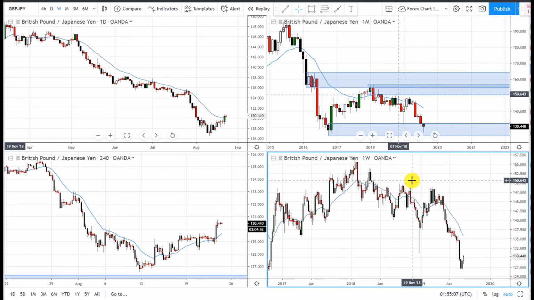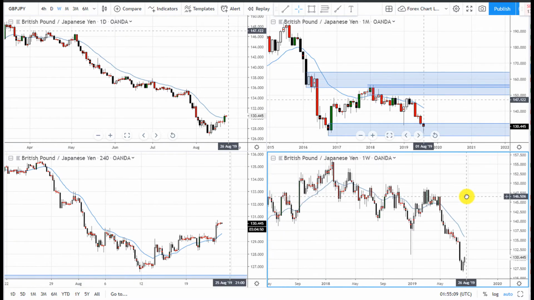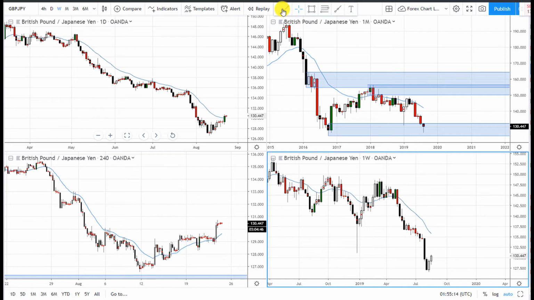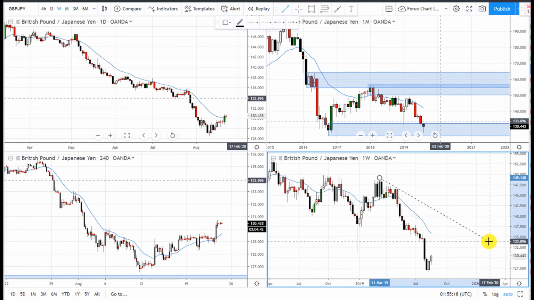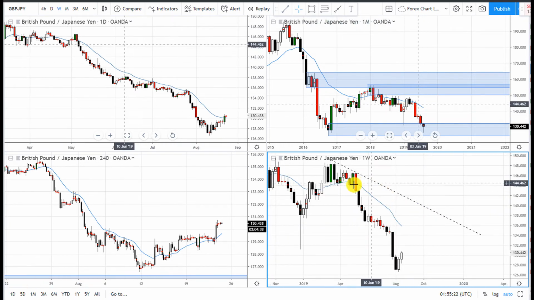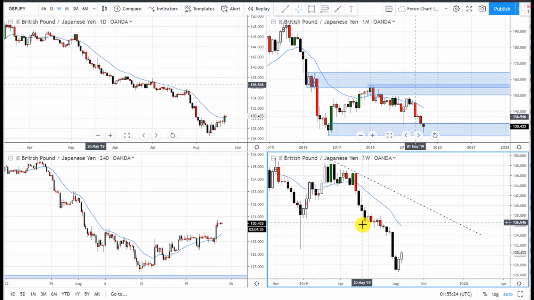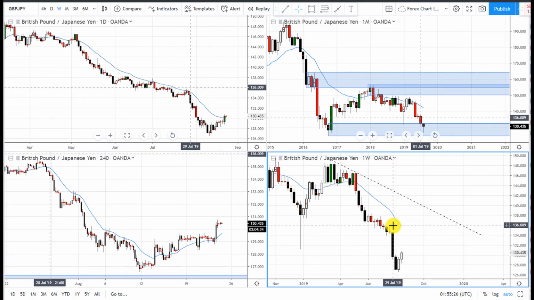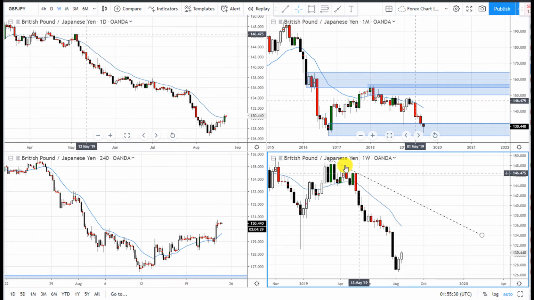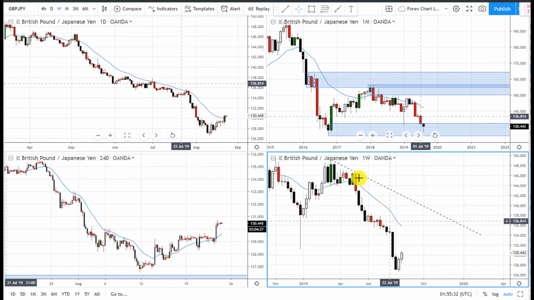On the weekly, we are seeing the same thing. Weekly is in a downtrend, because there's a drop, base, drop. All this is just base, just staircase base. So we can't draw the trend line like that. We gotta draw like this.